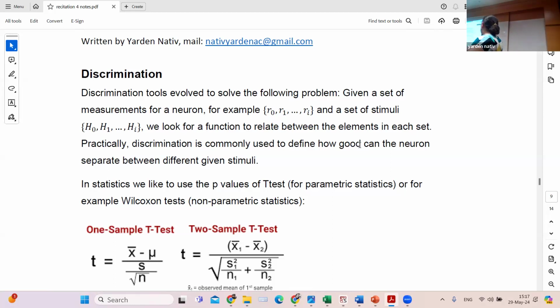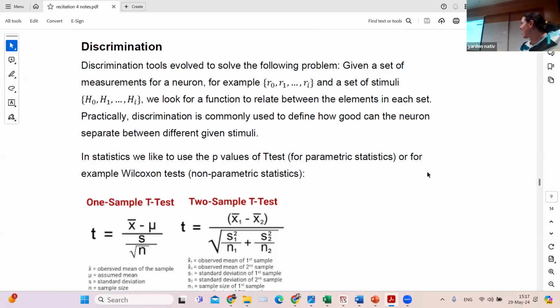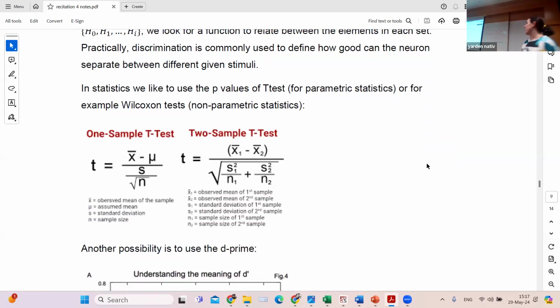And for this, we need to go into some statistics. Maybe remember that in statistics, you had possible tests to decide how two distributions are significantly discriminative from each other. This is quite a hard word to say, discriminative. Okay, so maybe remember in statistics you have either the t-test, right?